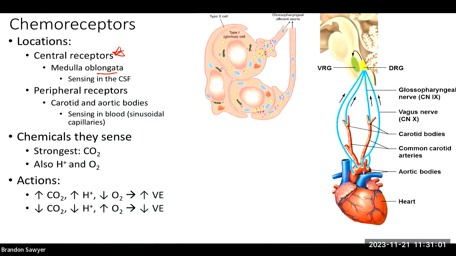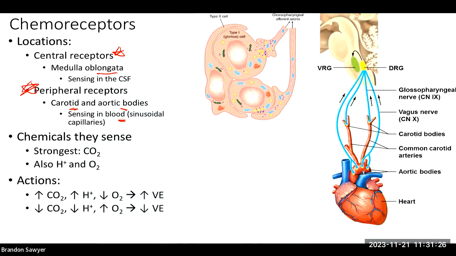And then we have peripheral receptors, either in the carotid bodies or the aortic arch, the same locations we talked about with chemoreceptor and baroreceptor reflexes before. Those are sensing in the blood, obviously.